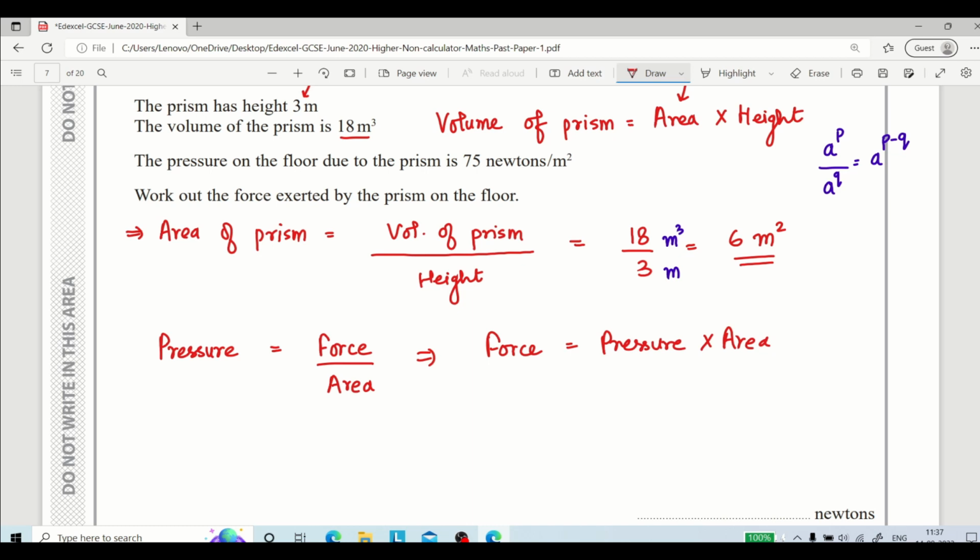So that gives you pressure equals 75 and area equals 6. Just calculate this, you'll get your answer. It is 6 5s are 30, carry over 3, 450. So your final answer is going to be 450 newtons. Please verify this.